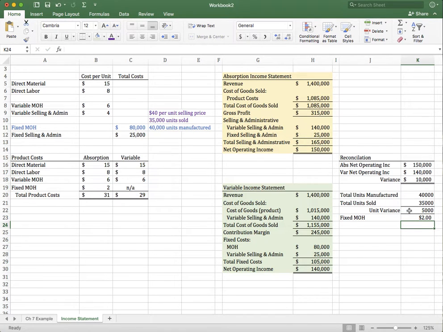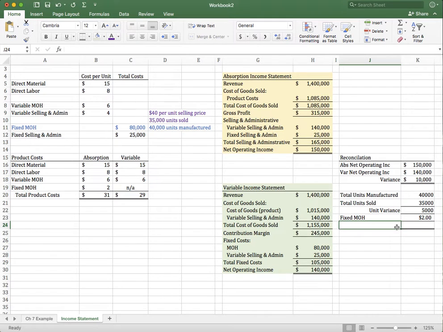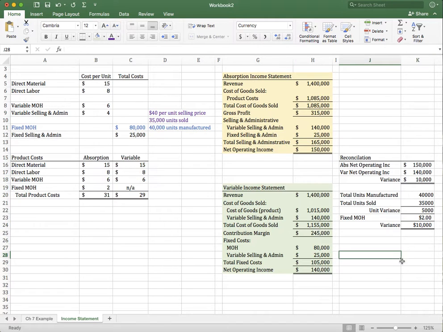So we're going to multiply our 5,000 units by our fixed manufacturing overhead, and this is the second part of our reconciliation. We need these two numbers to agree in order for us to reconcile the difference between the two net operating incomes. Voila, $10,000. The fact that this $10,000 is here and this $10,000 is here means that we've calculated it correctly.